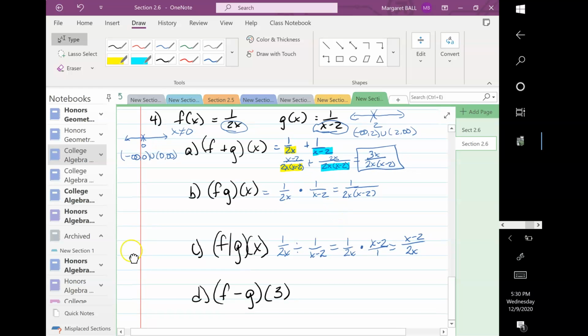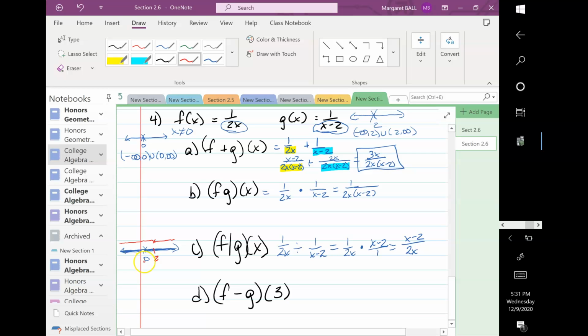So let's graph that on one number line. Okay, so the first one, it can't be 0. So I'm going to graph that, can't be 0. And then the second one, it can't be 2. So here's 2, can't be that number. So where do they overlap? What two things can it not be?